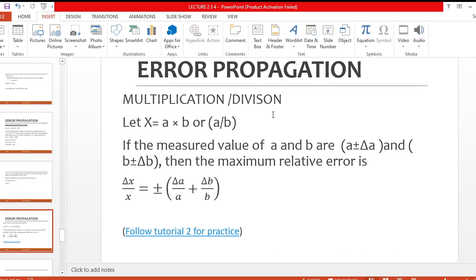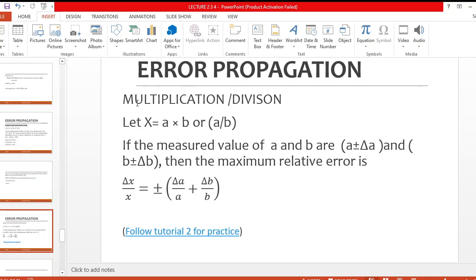So if the error in A is changing A and the error in B is changing B, like the previous one, then the error in terms of multiplication and division becomes the sum of relative errors of your measurements.